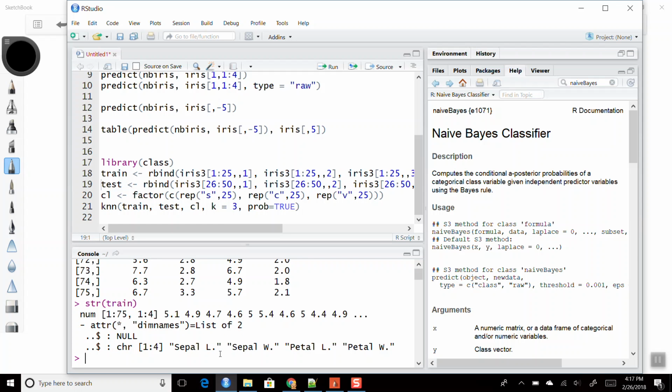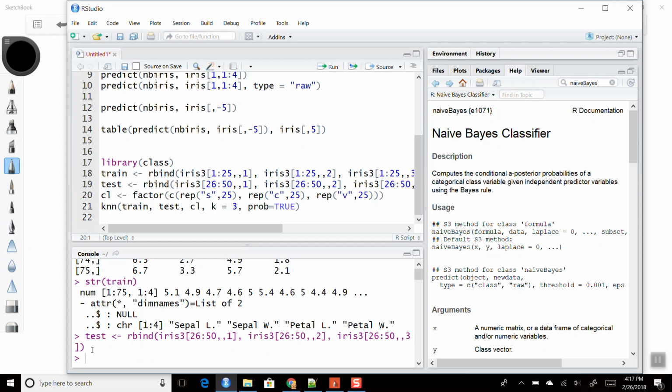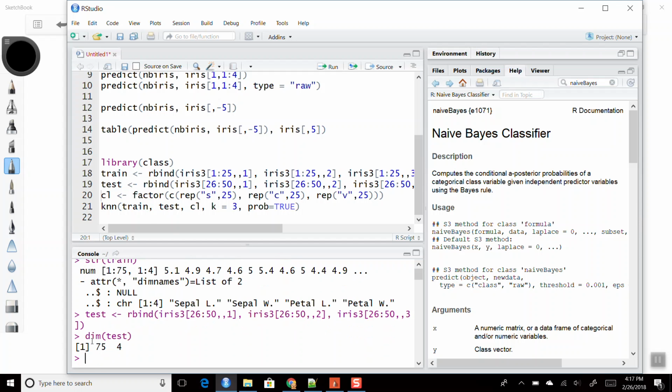And then test will be the other 25, so it's also 75 by 4. So it did the first half to train and the second half to test, okay? So we've got 75 cases in the training set and 75 cases in the test set.